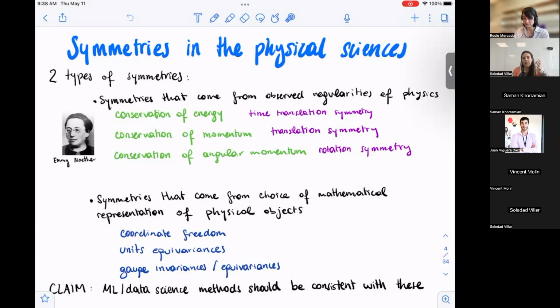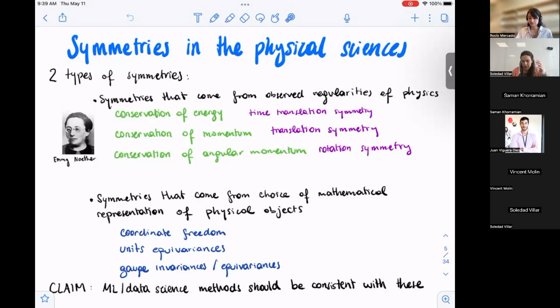And the claim is that if we're doing machine learning for data science or for science, like you're doing here, it would be a good idea to make the models respect these symmetries, because then that would give you a model that is consistent with the thing that you want to learn.